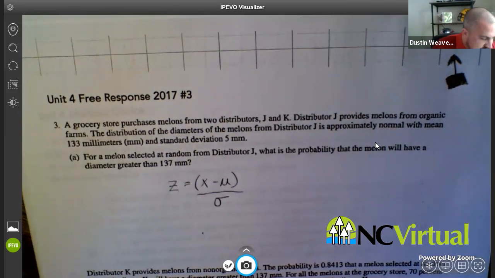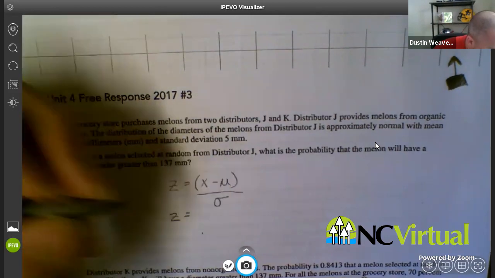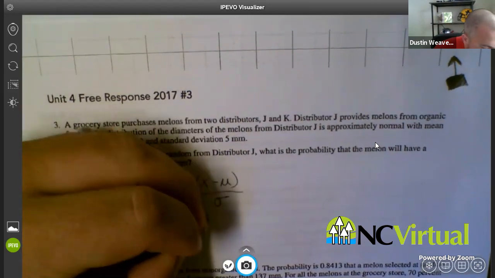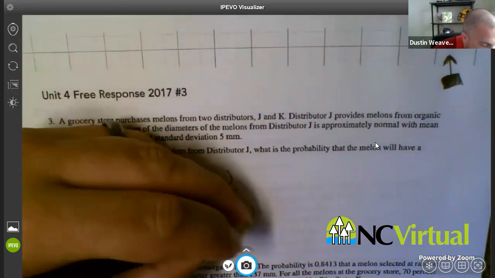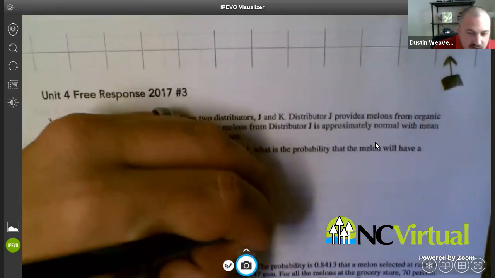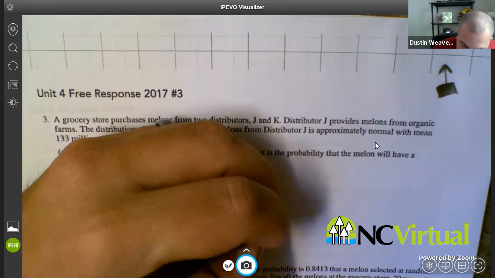So in this, 137 is our x. The mean is 135, and the standard deviation is 5. That would be 2 over 5, which is 0.4.